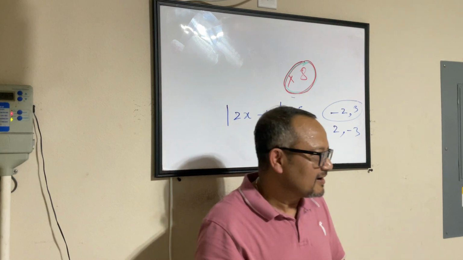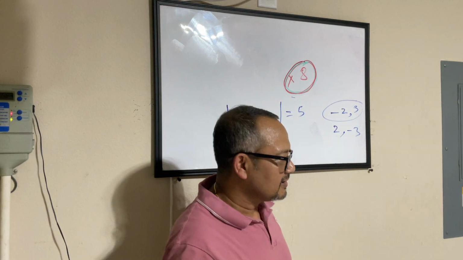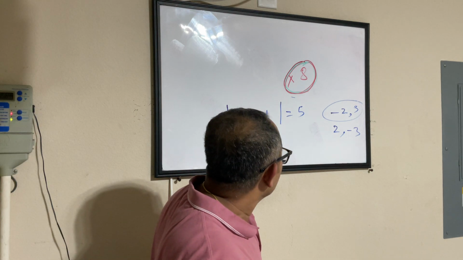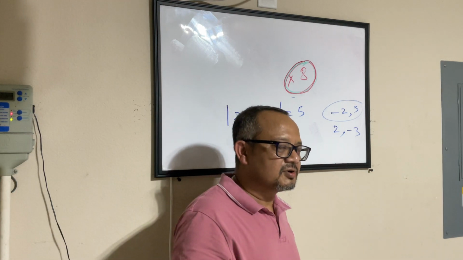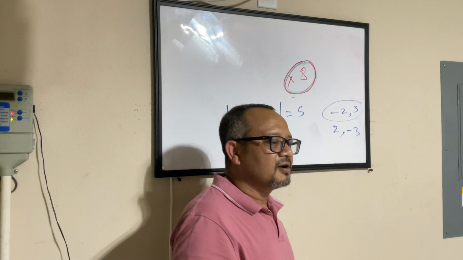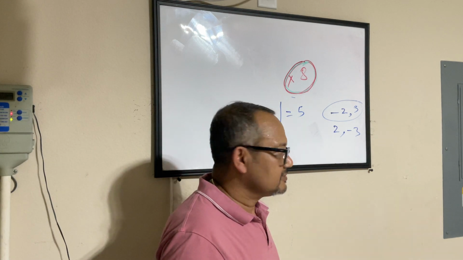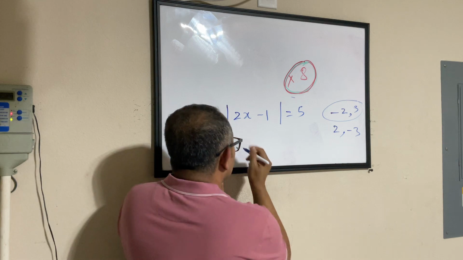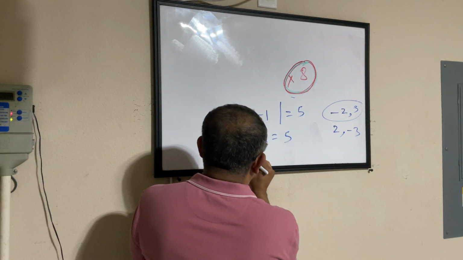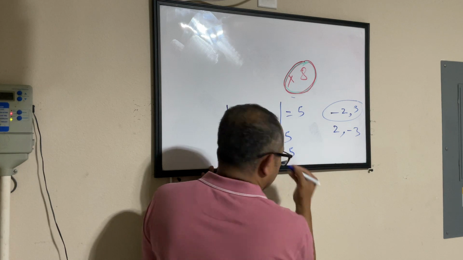First I made 2 equations. First was 2x minus 1 equals 5. And the next one was 2x minus 1 equals -5. So you said 2x minus 1 equal to 5 and 2x minus 1 equal to -5. Yep.